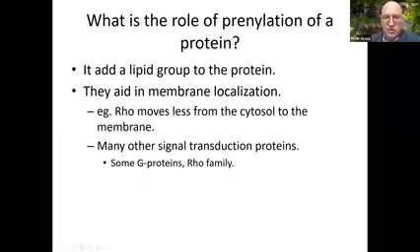There are still other reasons why prenylation will help a protein. But we know for sure that small signaling molecules like Rho, if they are not prenylated, move less from the cytosol to the membrane. And there are other signal transduction proteins that also have prenylation, and reducing their prenylation alters their function in subtle ways.